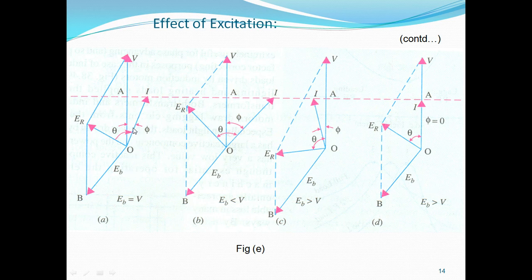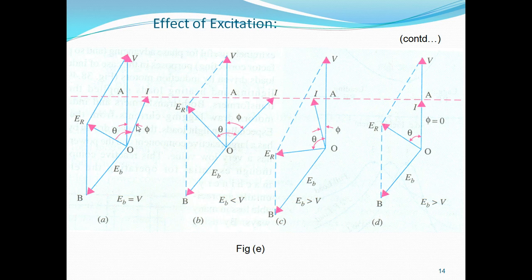At that time, the current is lagging the supply voltage V, and ER is the resultant vector of V and EB. So at this condition, EB is equal to V, the power factor is lagging.